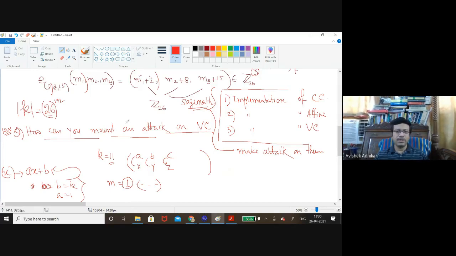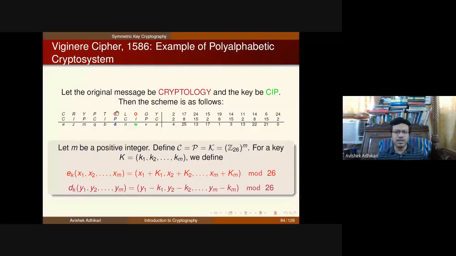But the point is, affine cipher, substitution cipher and Caesarean cipher were all monoalphabetic, whereas this one is polyalphabetic. Why? Because O was there in the plaintext, but in substitution cipher or affine cipher or any other cipher we have talked about, O will always go to O. But here, O goes to D and here O goes to W. The same plaintext letter goes to two different alphabets.